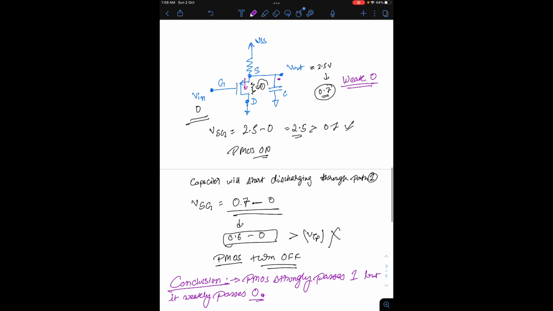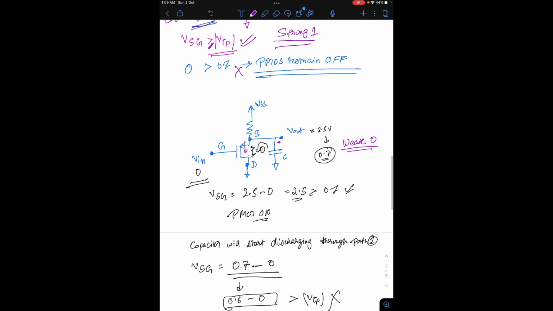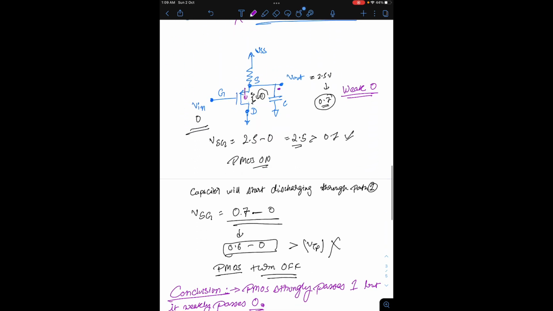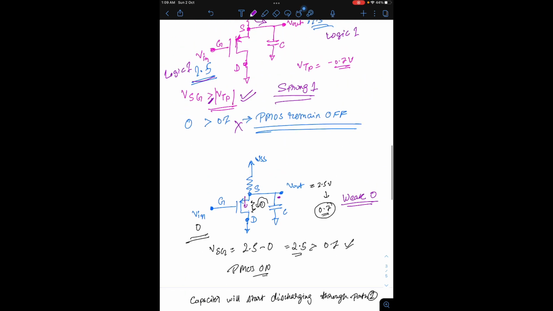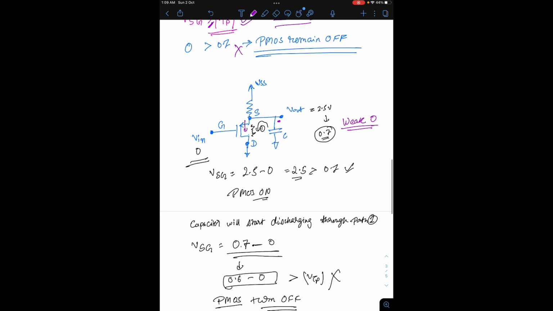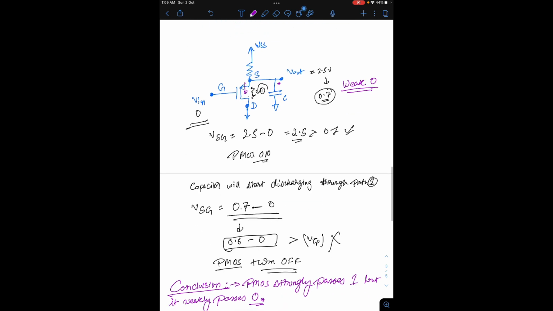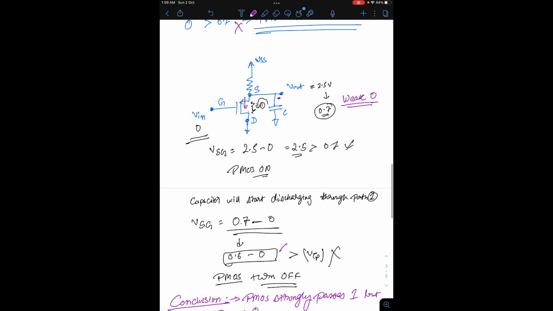Okay, but if it falls to 0.6 volts, then 0.6 volts minus 0, of course the input is logic 0, so it is 0. So 0.6 minus 0, that is 0.6. This condition will now be violated, like this is 0.6 and this is 0.7. So when this is violated, PMOS will turn off. Once the PMOS turns off, this path is blocked.